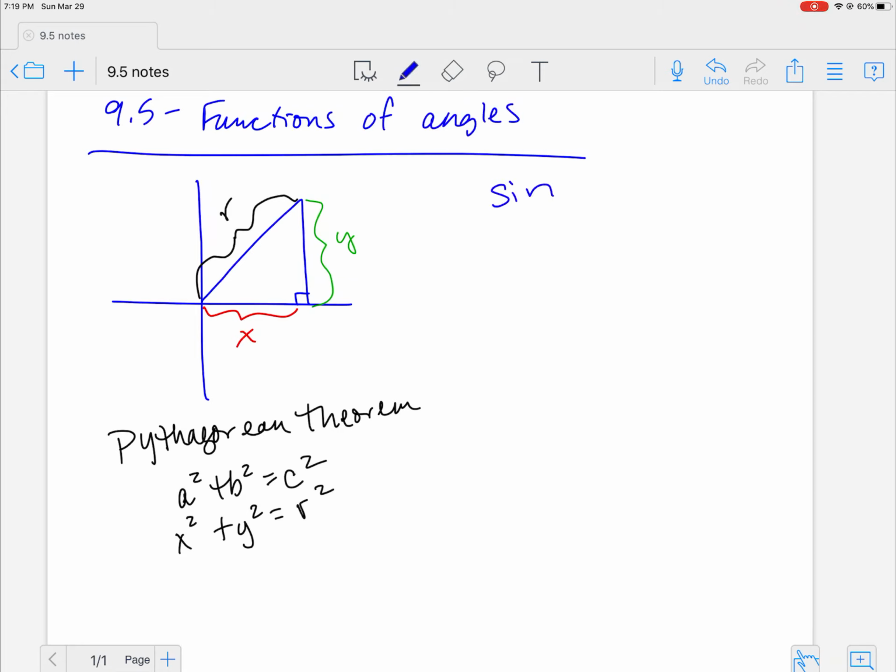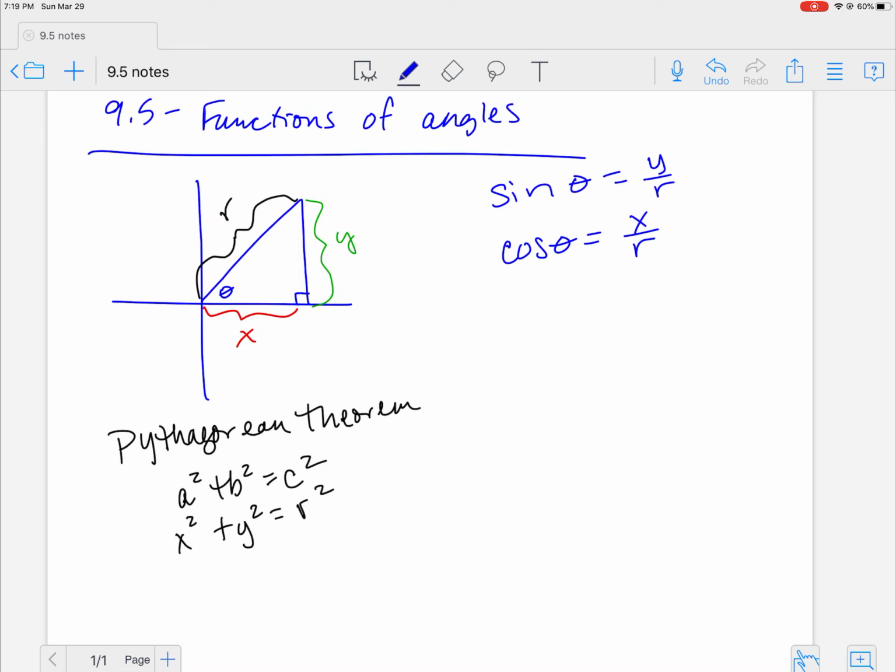All right, so when you have your right triangle trigonometry, we're going back to what we did at the very beginning. If I have the sine of, and in this instance we're just going to call this angle measurement theta, sine of theta is going to be y over r.